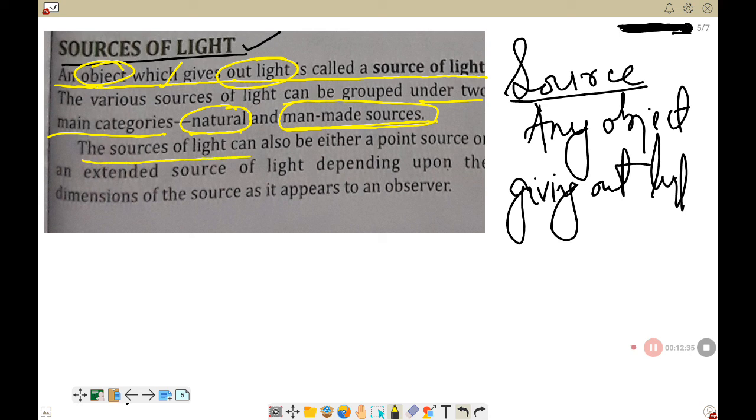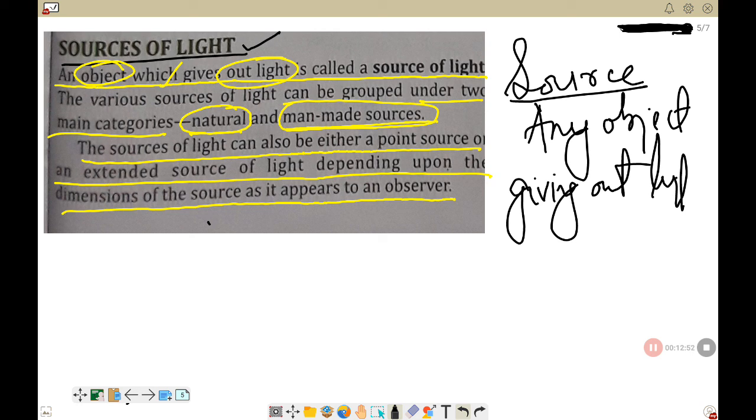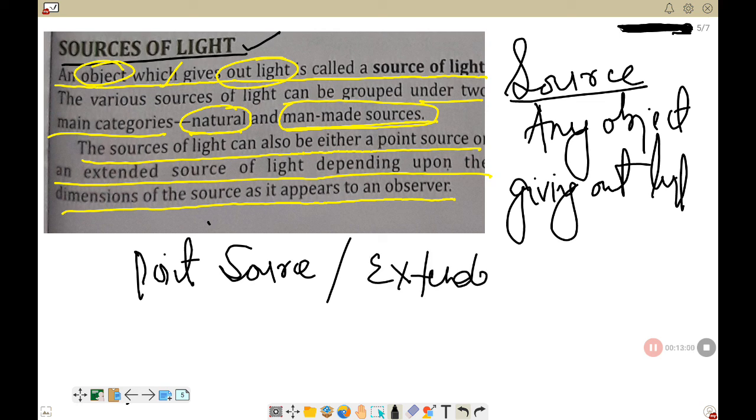Sources of light can also be either a point source or an extended source of light, depending upon the dimension of the sources as it appears to an observer. So source can be again of two types, that is point source and extended source, which we are going to discuss in our next class.